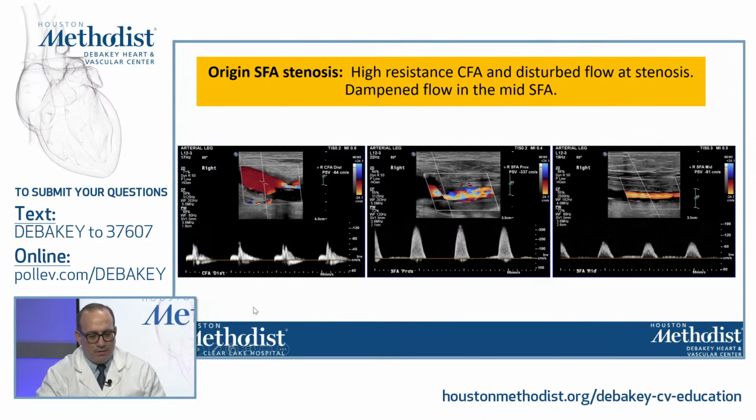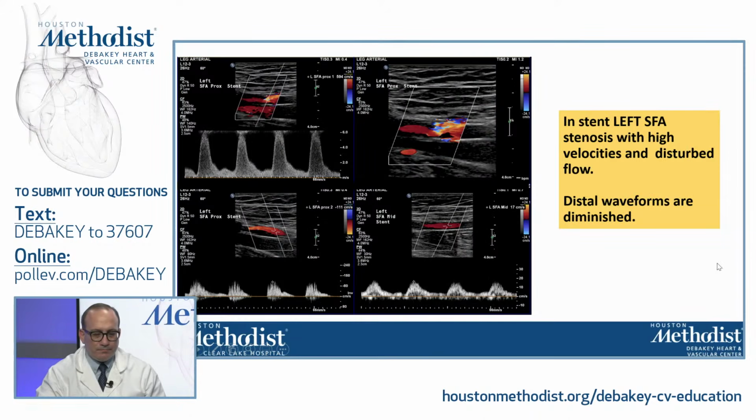Again, common femoral artery distally, area of severe stenosis, high resistance, spectral broadening, high velocities, 337, more proximal, you have 64. If you divide these, you're going to get a high ratio. And then distal to this segment, you see a waveform that is low amplitude, monophasic in nature.